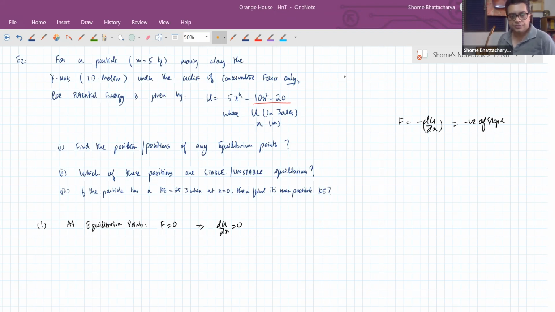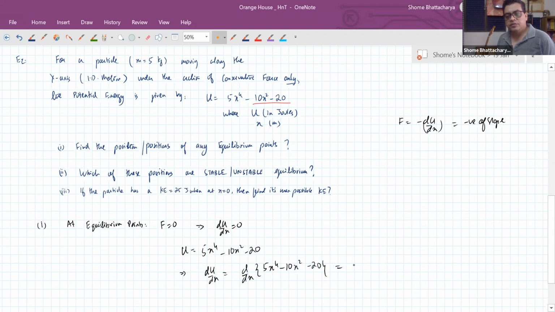Good. Okay. So now u is given to us as 5x to the power 4 minus 10x square minus 20. So du by dx is the derivative of this term. As you know, differentiate the terms: 5 into x to the power 4 will have the derivative of 4x cube.